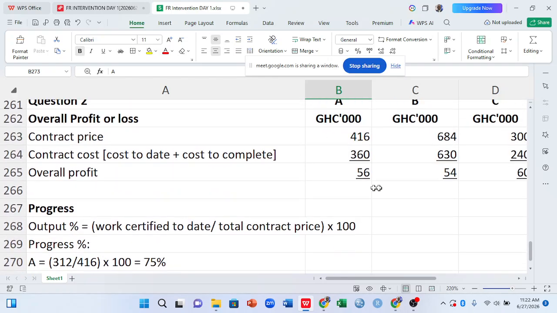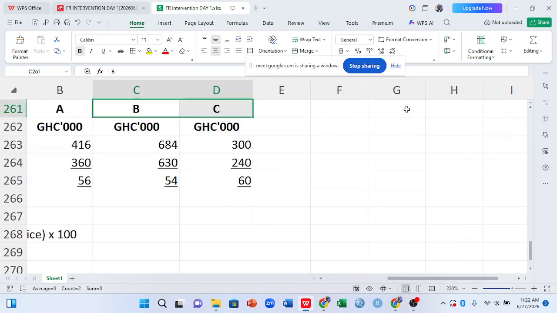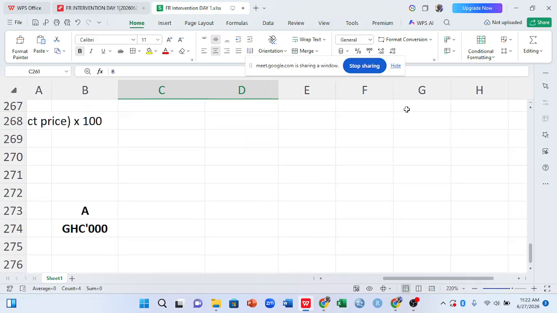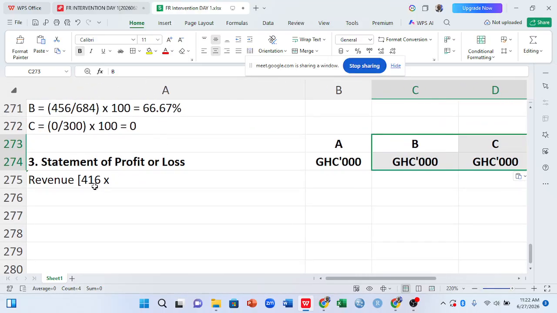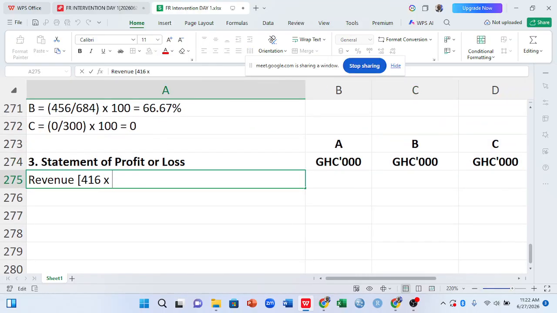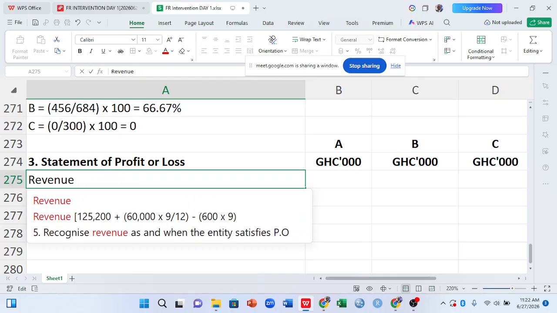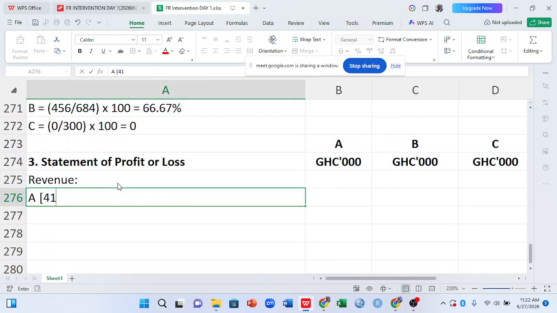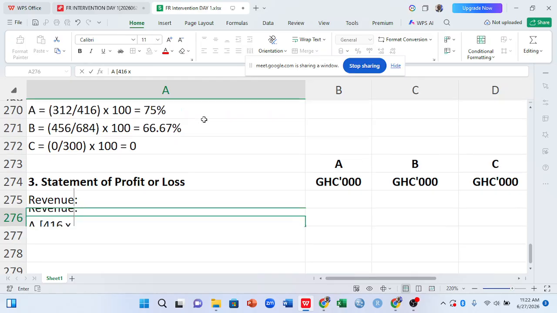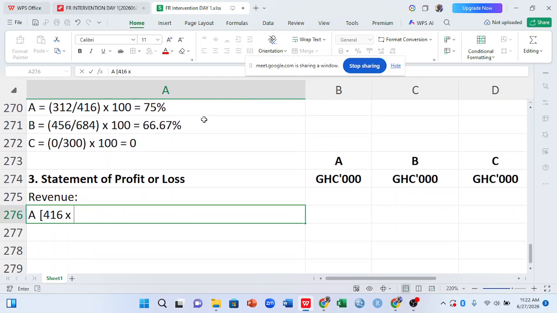So let me do this for A. A will be 416 times its percentage, which is 75%.